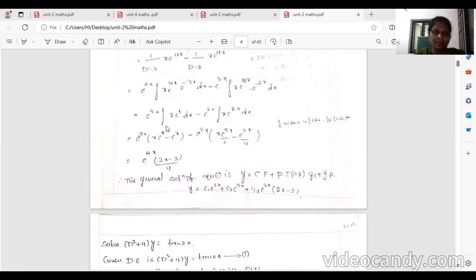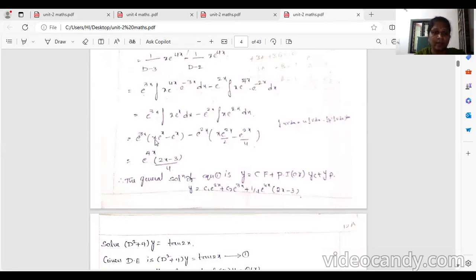So applying integration of uv dx by parts: u into v1 minus u dash into v2 plus u double dash into v3. Here u dash means derivative of u, and v1 means integration of v.